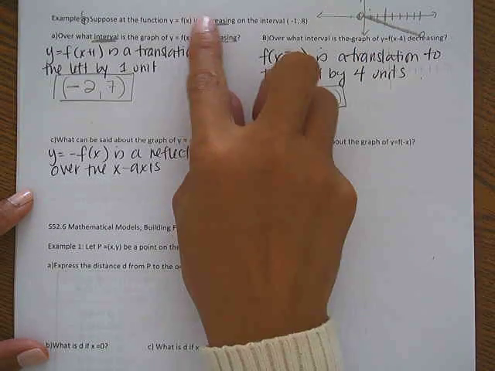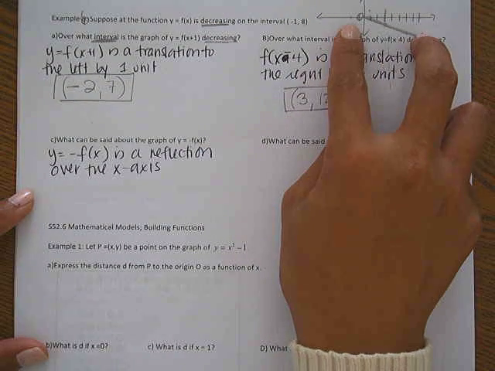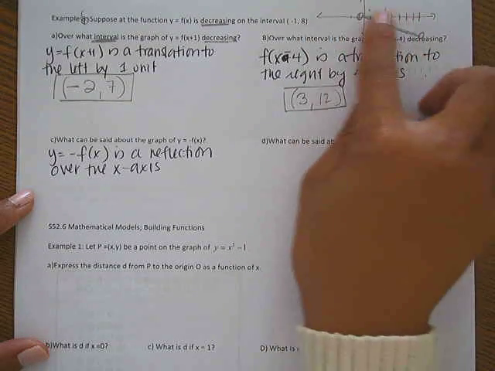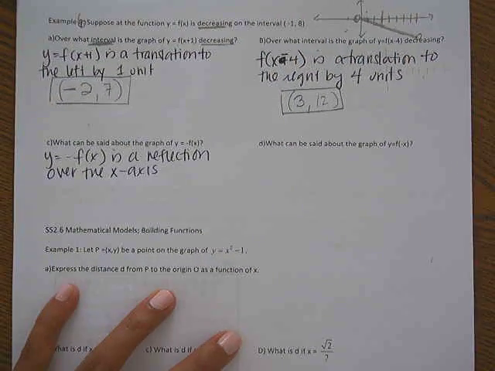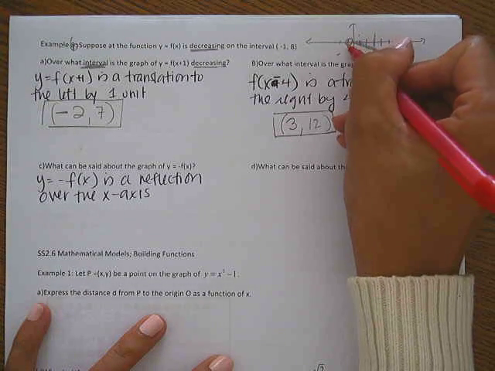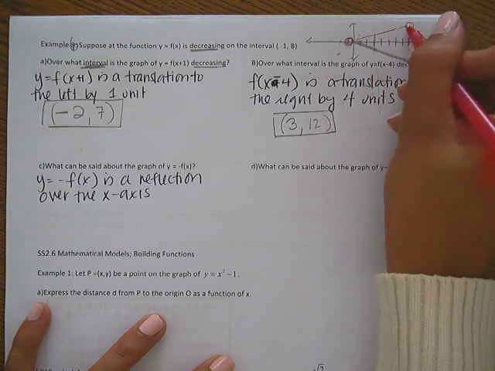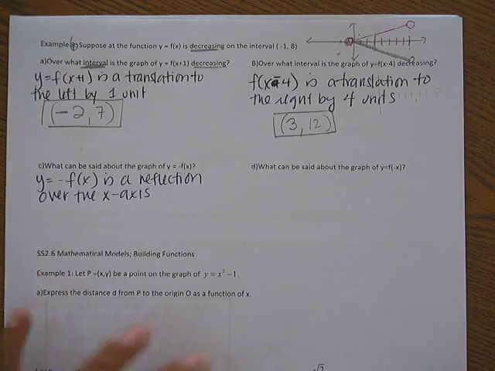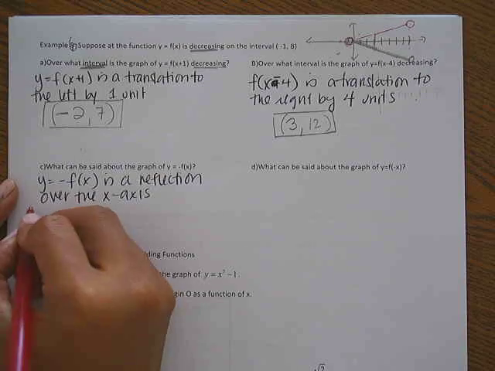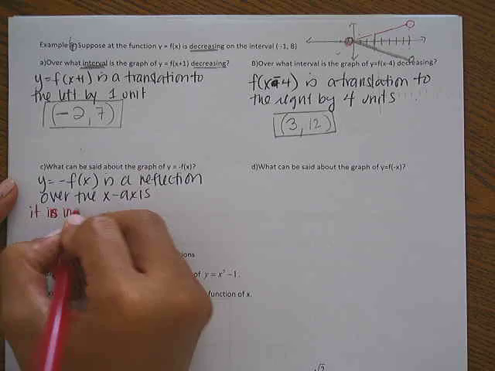So what can be said about my original? It used to be decreasing. Suppose the function is decreasing from -1 to +8. Well, what if I take it and I flip it over the x-axis? What's going to happen? Let's fold this. This is still here. Over here, if I fold it, it's over here. So look at that. What can be said? Our answer is that it is increasing.